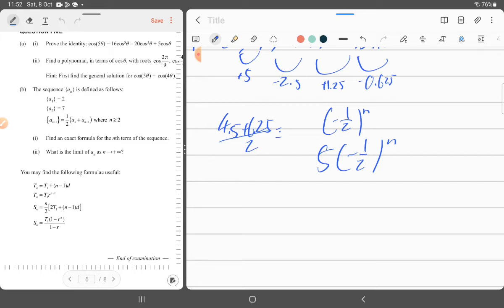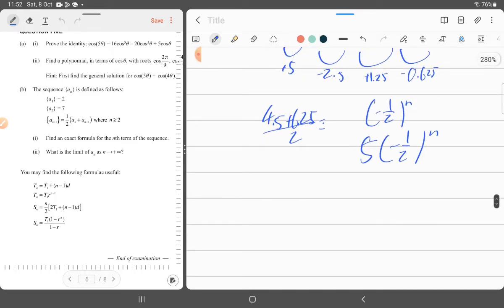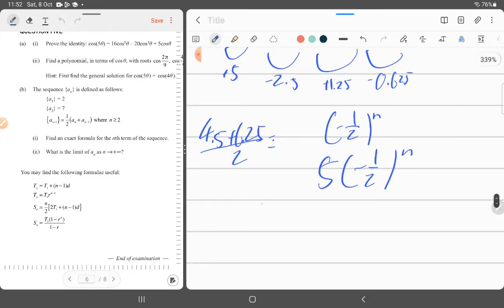Okay, so 5 negative half to the power of n. I think it's 2.